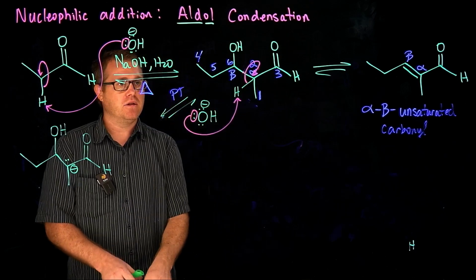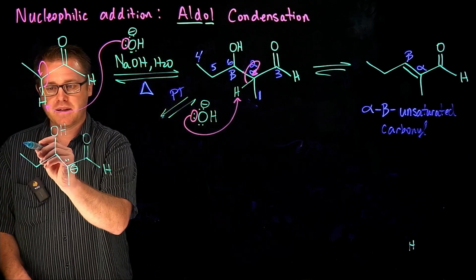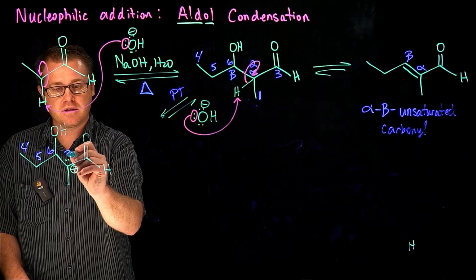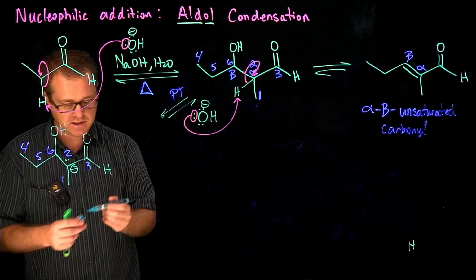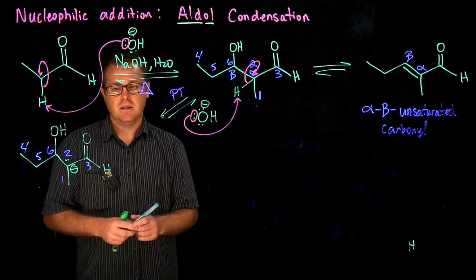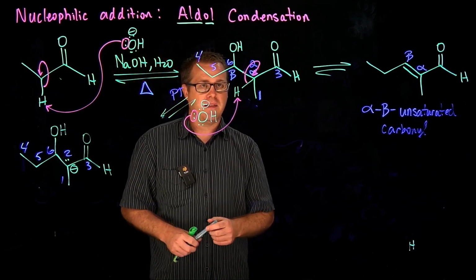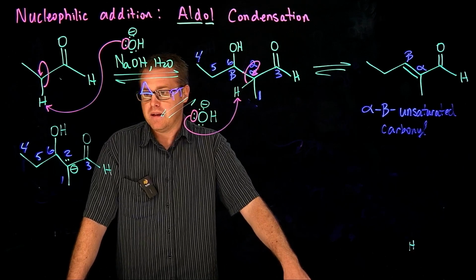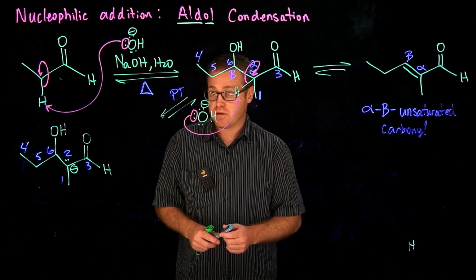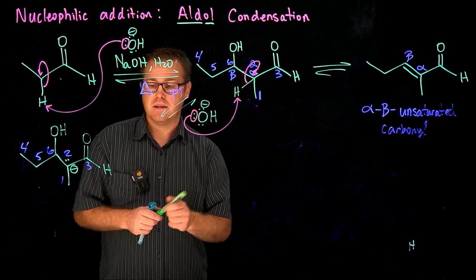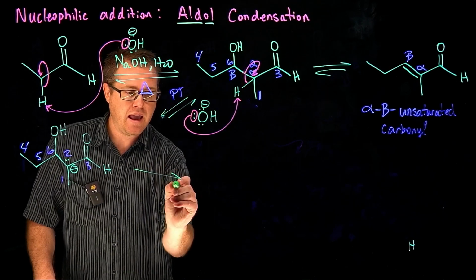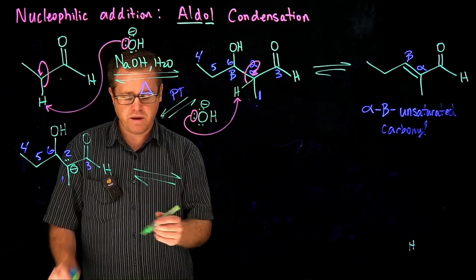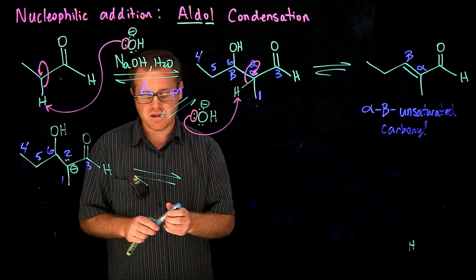So let's take a look at the numbering system here. Let's keep it consistent. 4, 5, 6. And then that's 2, 3, and 1 still. Okay, now we have an enolate there. So what's going to happen next here is something really interesting: we have a step here that we can term a heterolysis step.